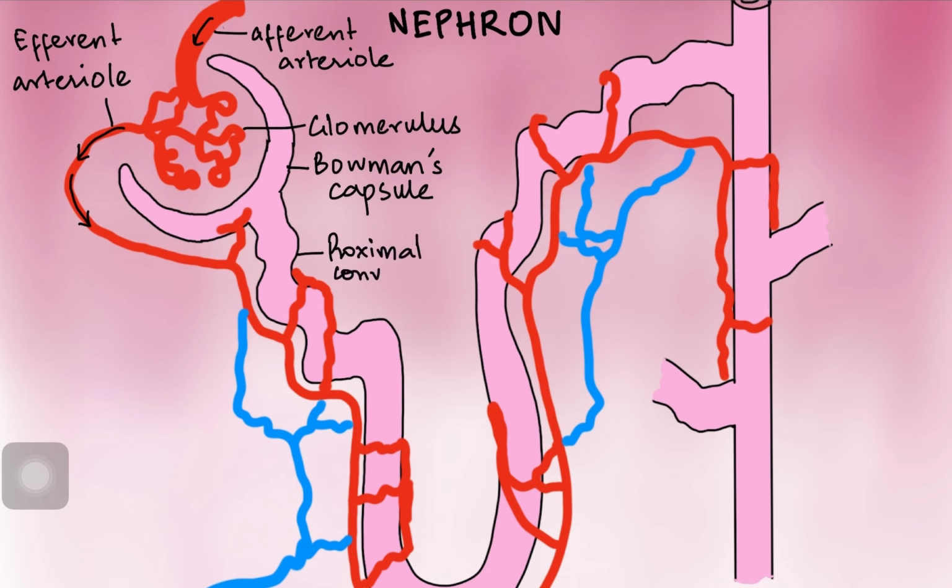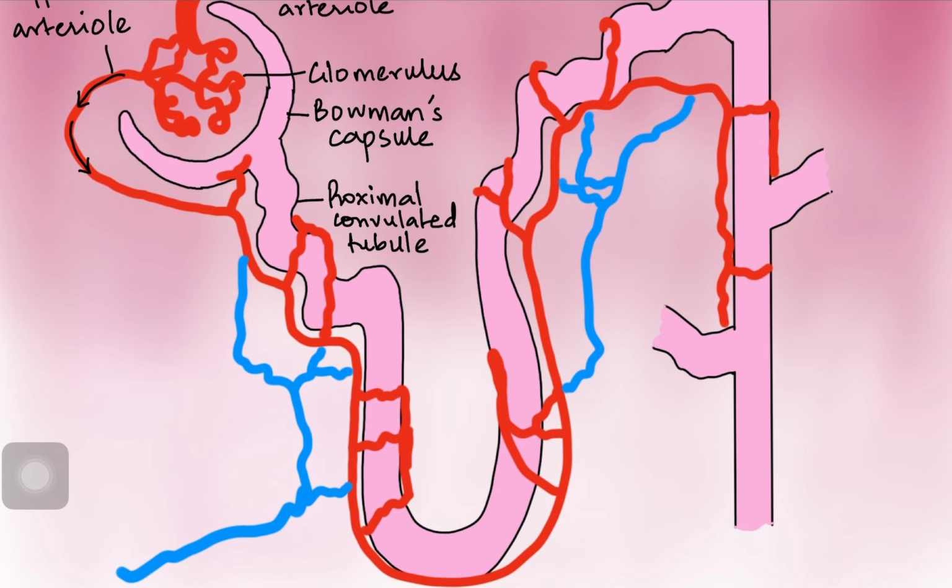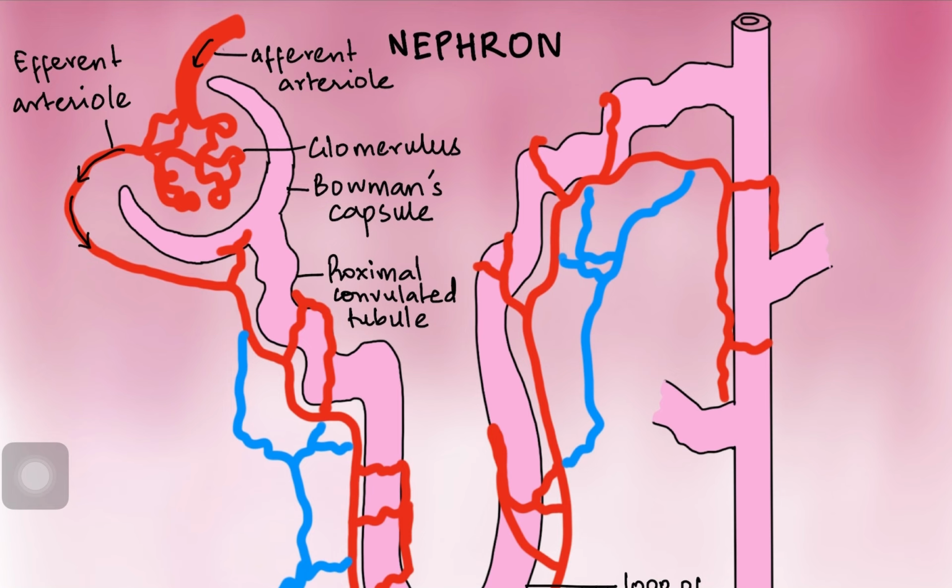Then there's a tube known as the proximal convoluted tubule. Convoluted means highly coiled. So proximal convoluted tubule is there, and then there is a U-shaped tube. This U-shaped tube is known as the loop of Henle. And then from the loop of Henle, what you see is another tube known as the distal convoluted tubule.